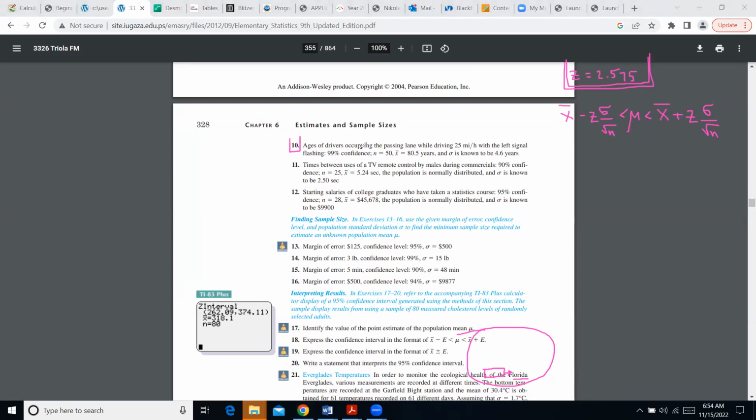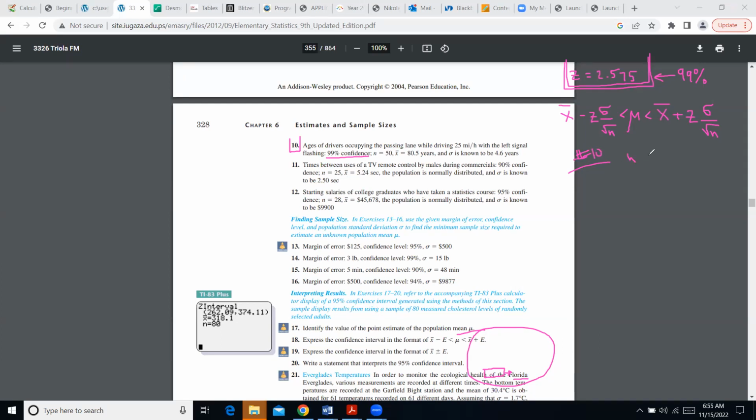That talks about ages of drivers occupying the passing line when driving 25 miles per hour with left signal flashing. So they want a 99% confidence. For 99% confidence, I just saw the corresponding z-score here, so we're going to use it. So exercise 10.